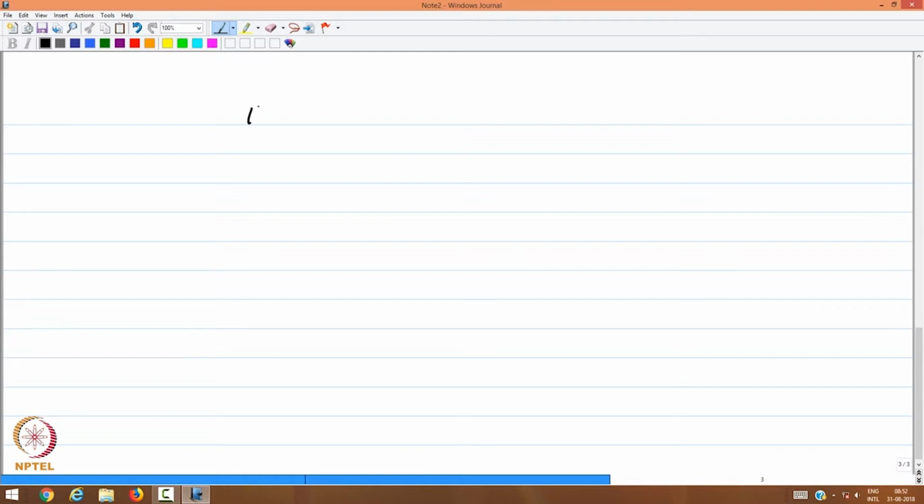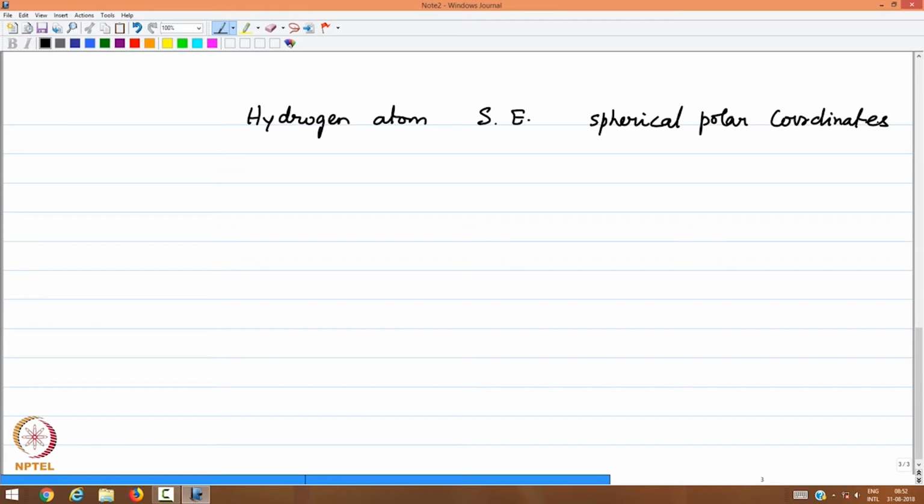the hydrogen atom Schrodinger equation, and this was done in spherical polar coordinates, and in one of the lectures I had suggested how this could be separated into three equations. So, let us recall the equation.